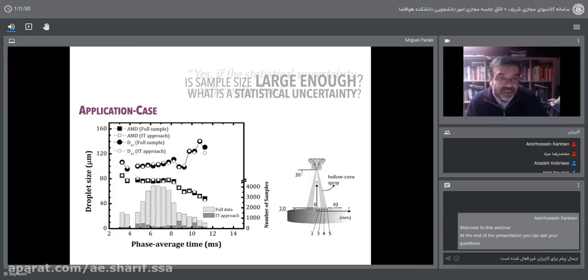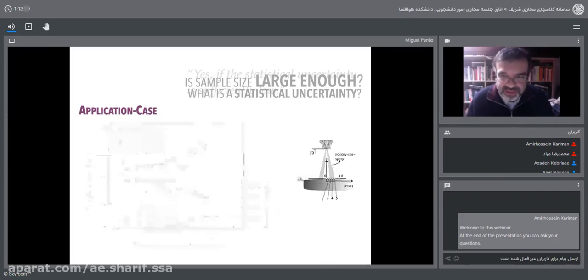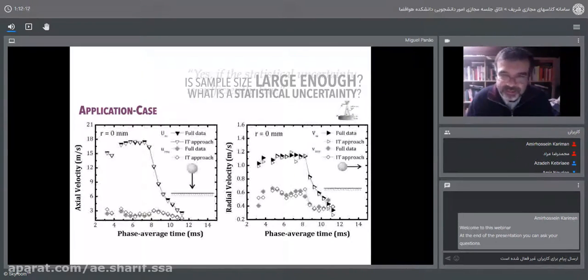And as you can see, for the number-weighted arithmetic mean diameter and the volume-weighted mean diameter, the differences are not relevant. So I could have used much less data because I have enough information. What about the velocity? Exactly the same. Both the mean velocity and the fluctuation for a certain size class.